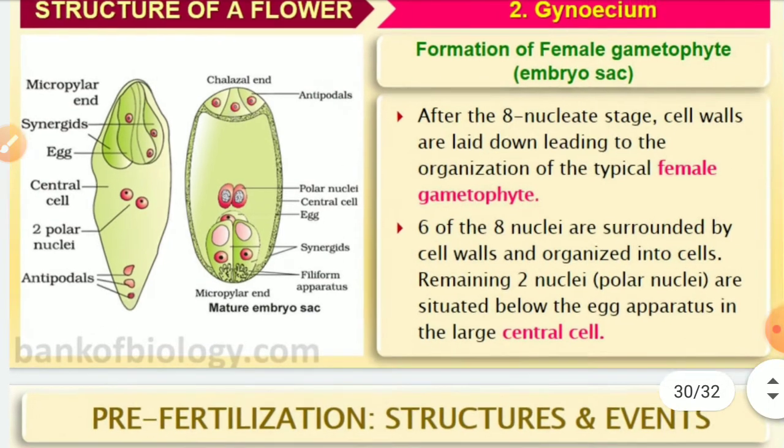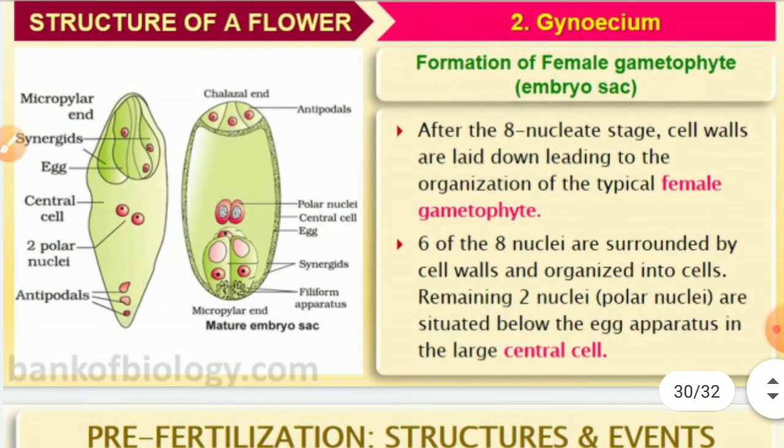Now, after the eight nucleate stage, the cell walls are laid down, leading to the organization of a typical female gametophyte. After the eight nucleate stage, the cell wall is formed, and it will form a typical female gametophyte.